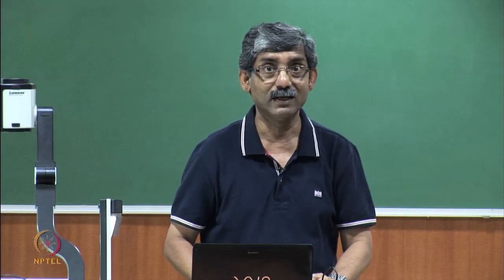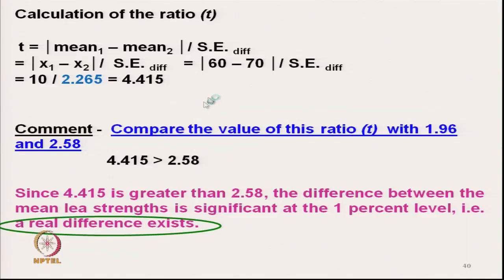Like in the last numerical we saw, where the weaker yarn, which is of 60 pound strength, we rejected straight away.